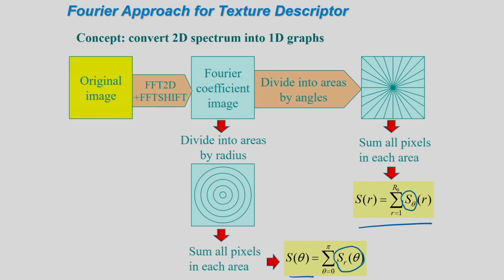So I will be getting these two spectrums, S(r) and S(theta), and by using this I can represent a particular texture.